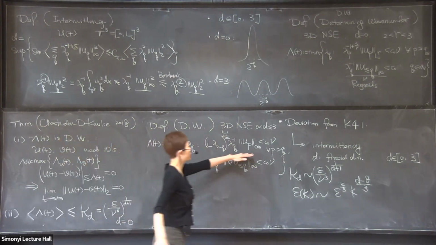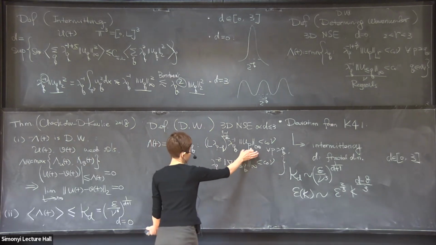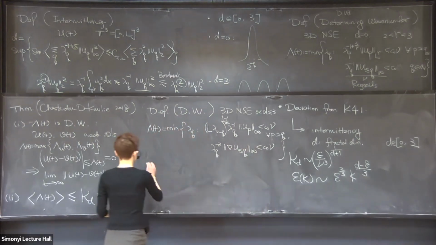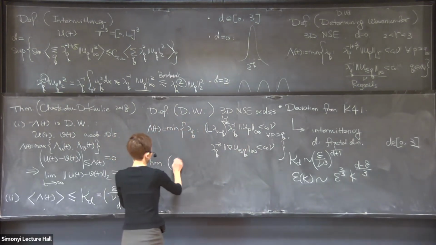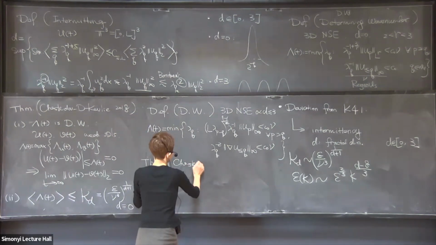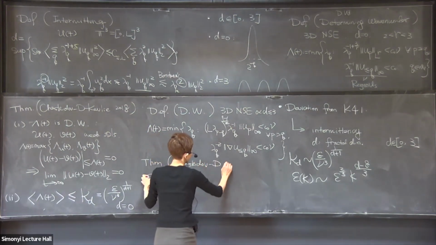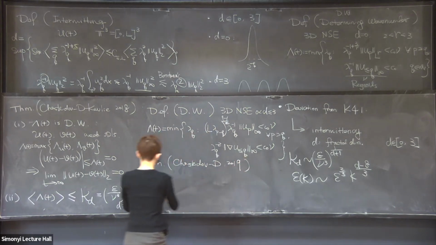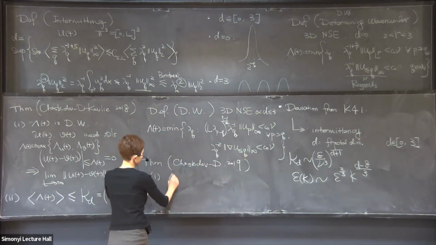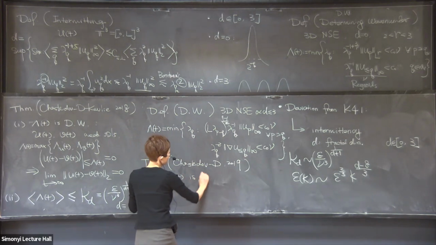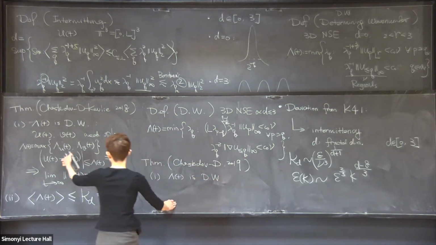So here we use a different critical norm, the smallest one. And we showed that, again, this one is a determining wave number in the same sense.